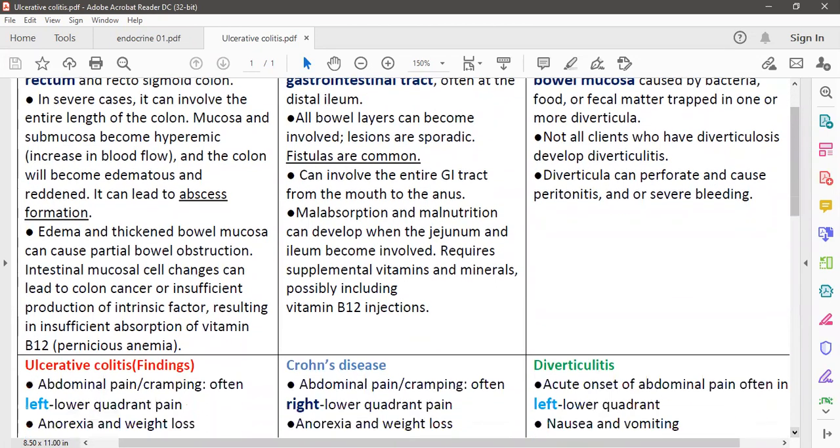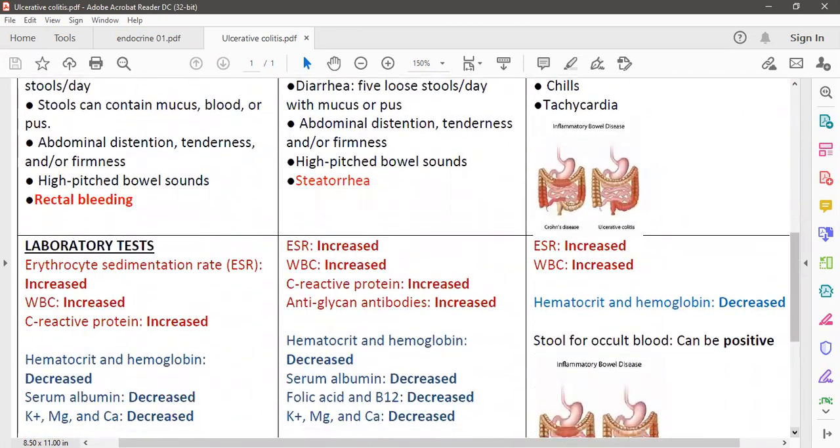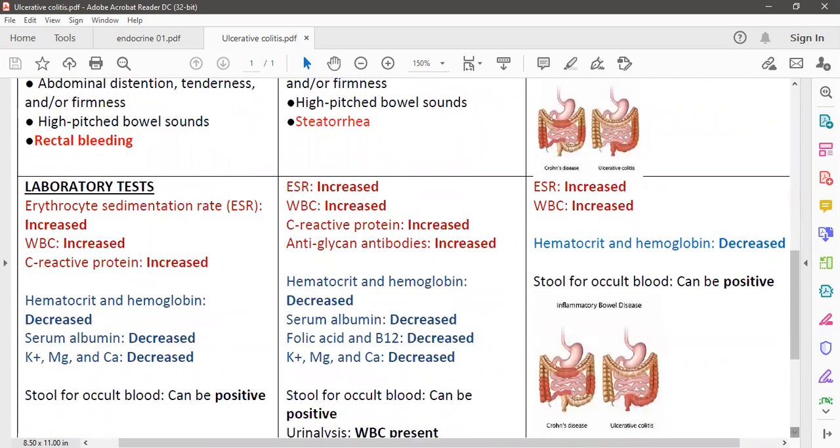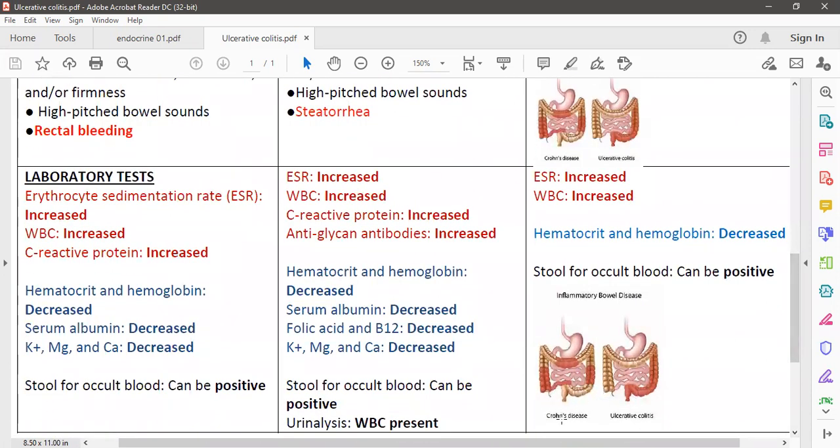So if I go back to this picture, you see Crohn disease, ulcerative colitis, and diverticulitis. Ulcerative colitis is inflammation of the colon, especially the terminal portion, the rectum or sigmoid colon.